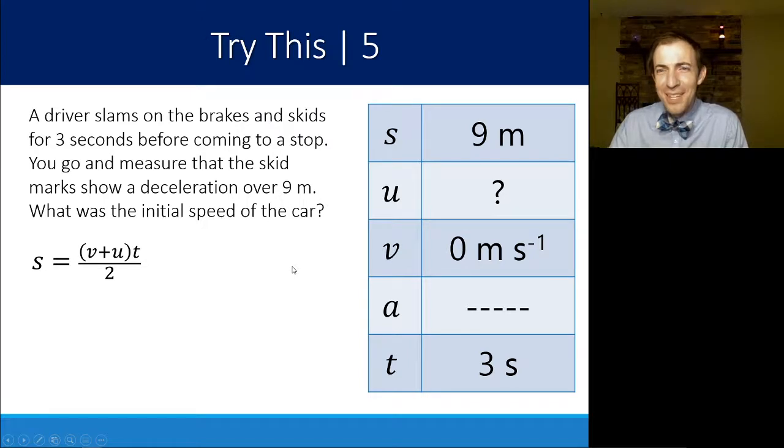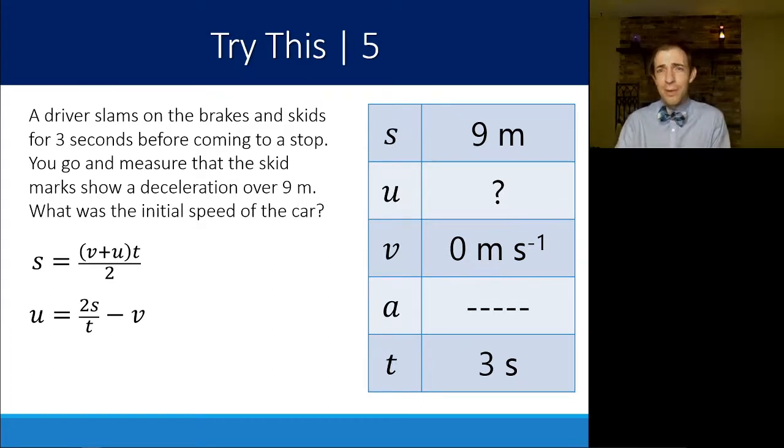So hopefully you had a chance to work that out. I like to rearrange beforehand, but I am not going to dock you points in this class if you plug in variables first and then rearrange. But you really got to be careful with how you're rearranging on some of these. So here, I would multiply both sides by 2 to get 2s, divide both sides by t, so it's 2s over t, and then subtract the final velocity.